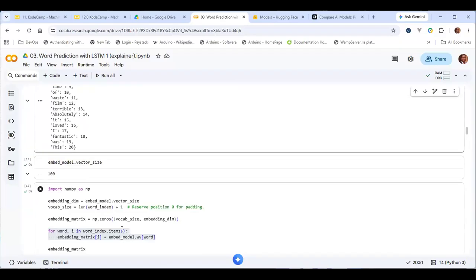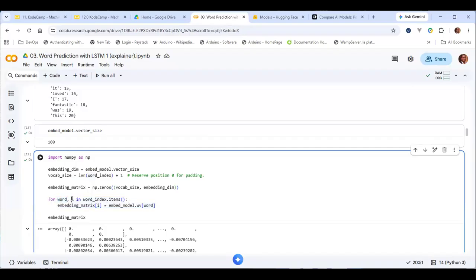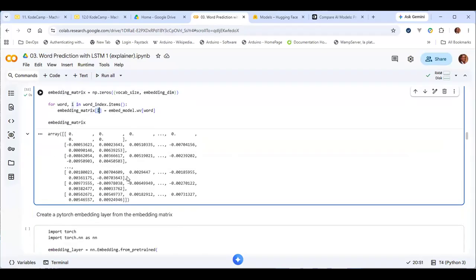The word index contains all the words in your vocabulary, and the word is W and I is the index. This index also directly maps to the location in the embedding matrix. So you now go and get the embedding of that particular word from your word2vec model, and store it in the embedding matrix at the ith location, the location that corresponds to the position of that word in your vocabulary. And that gives you the embedding matrix.